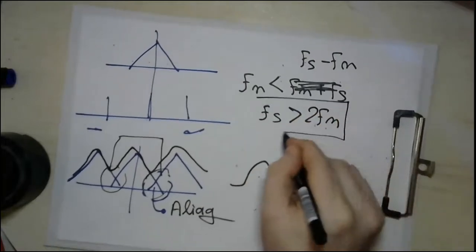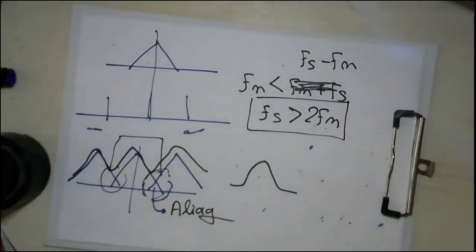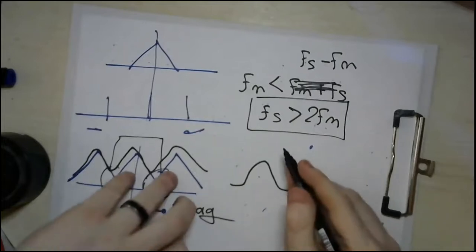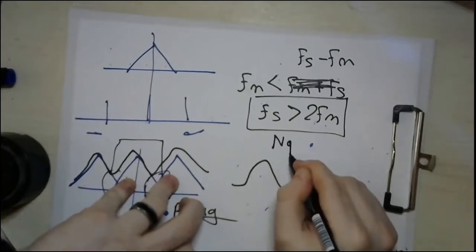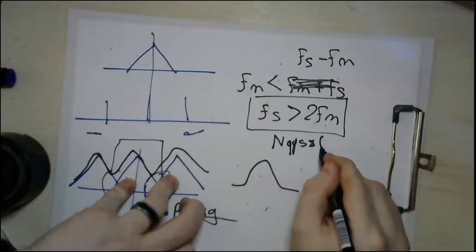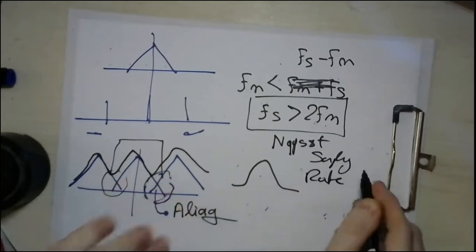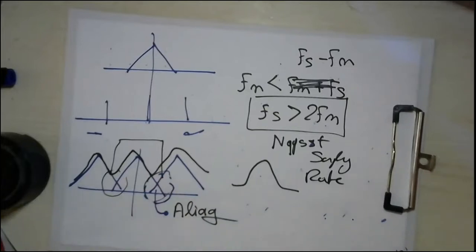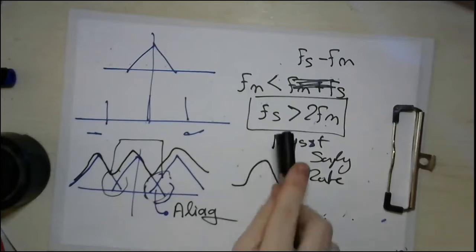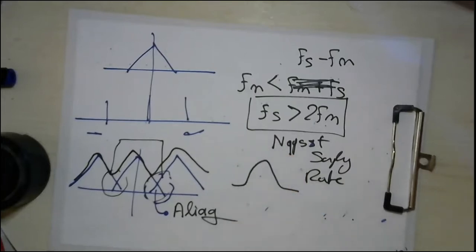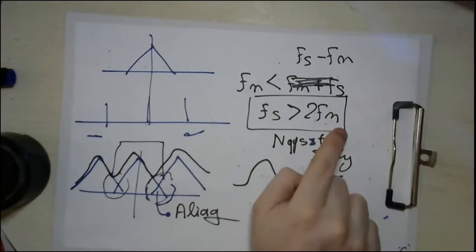This is a very, very important sampling restriction, what we call the Nyquist sampling rate. Nyquist is a scientist. The Nyquist rate says that your sampling frequency should be at least double your maximum frequency in the signal.